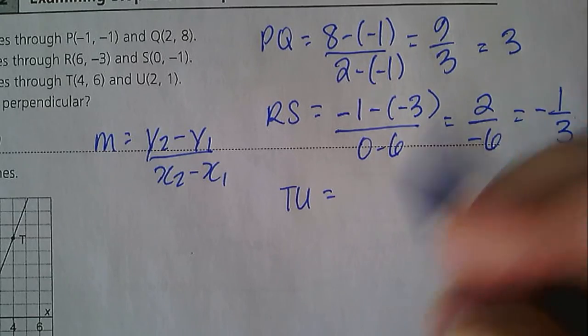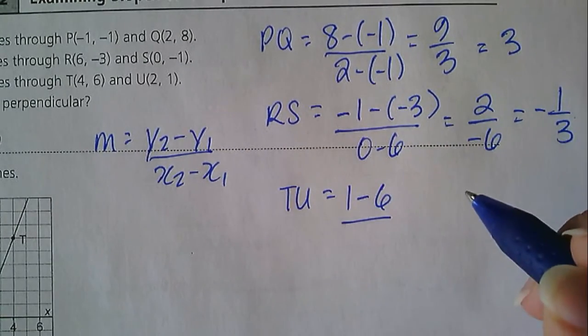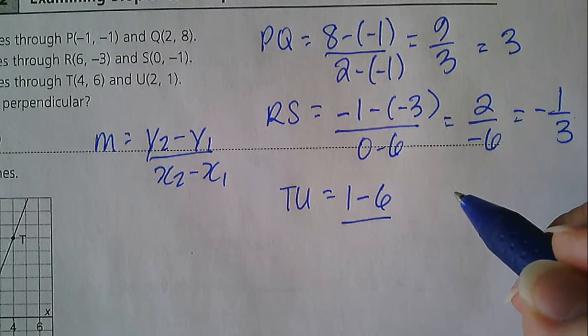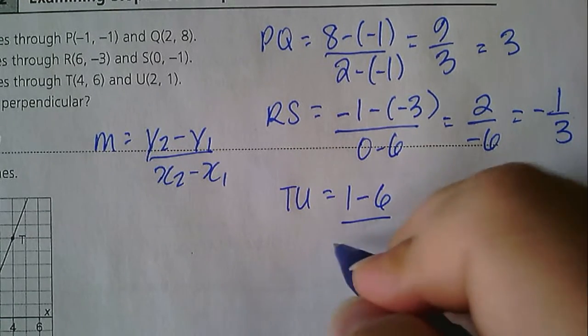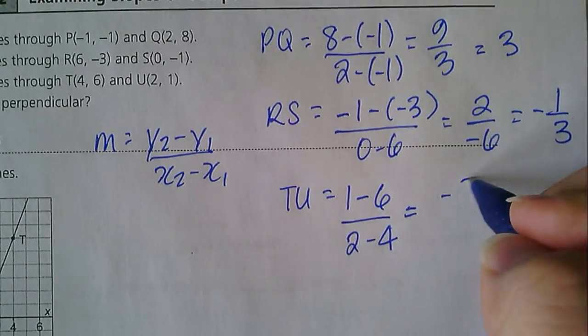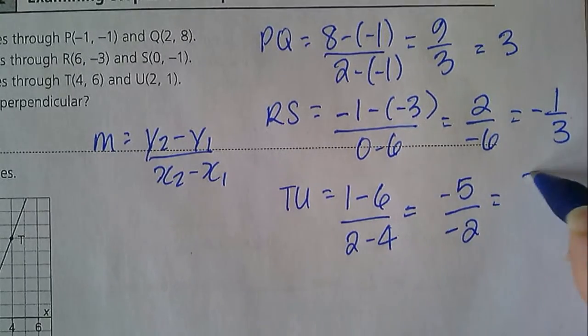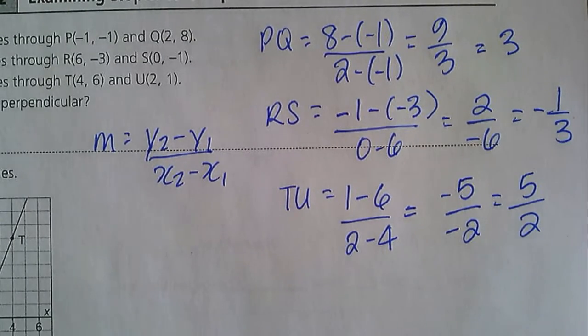For our points, we have 1 minus 6 over 2 minus 4. We end up with -5 over -2, which is 5 over 2, the negative and negative.